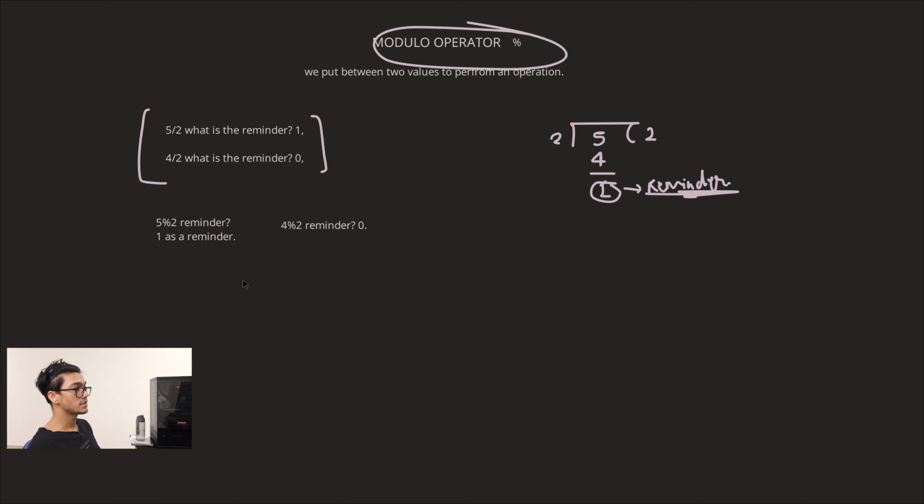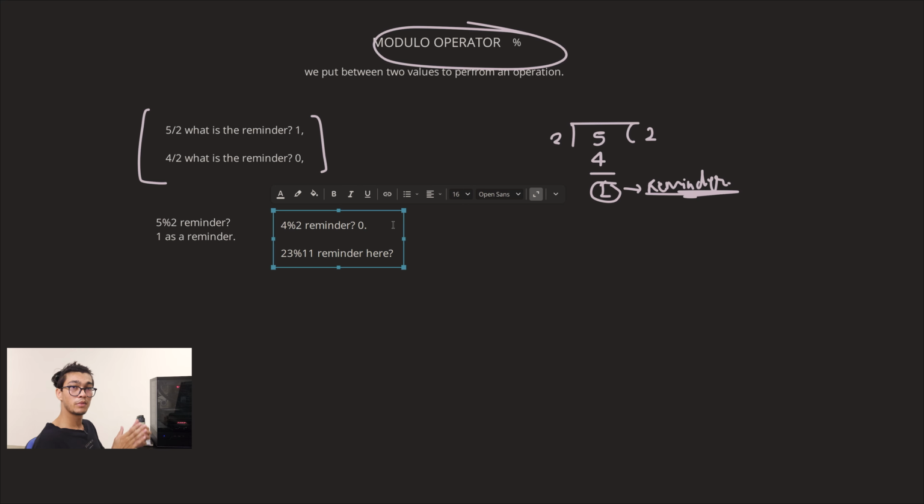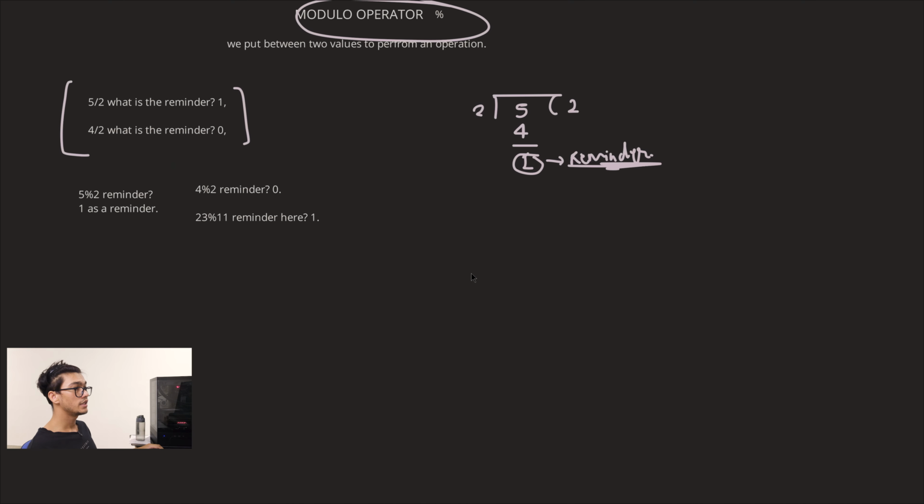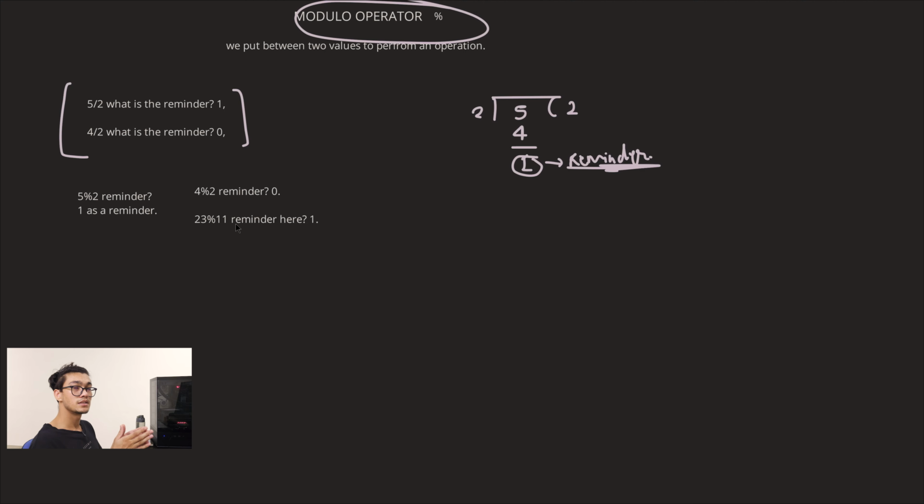And if I'm asking what is the remainder of 23 modulo 11, is there any remainder here? You will say 11 multiplied by 2 gives 22, and we cannot fully divide 23 by 11, so we will get 1 as a remainder. In these examples, you see the number is not divisible by the number we are dividing by, so you get something as a remainder.